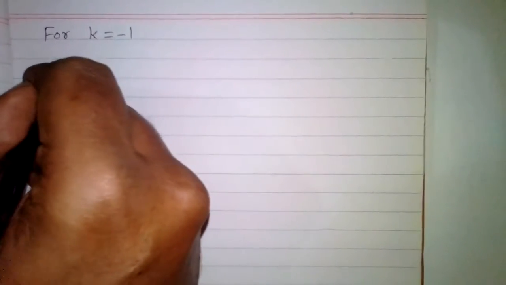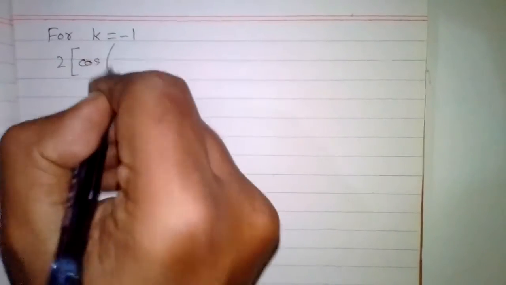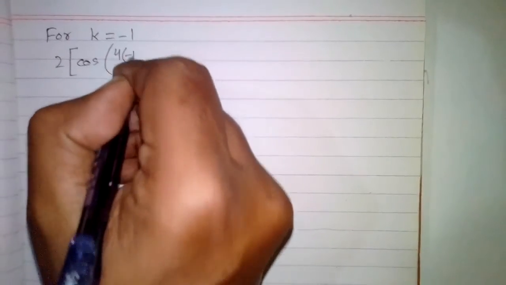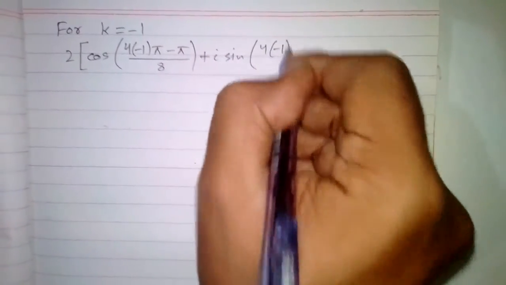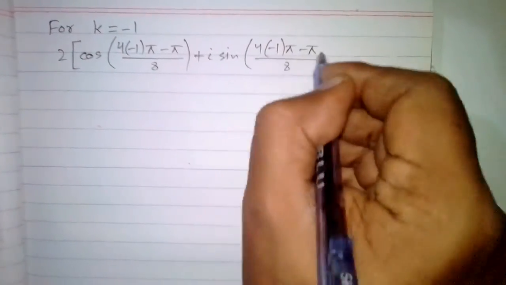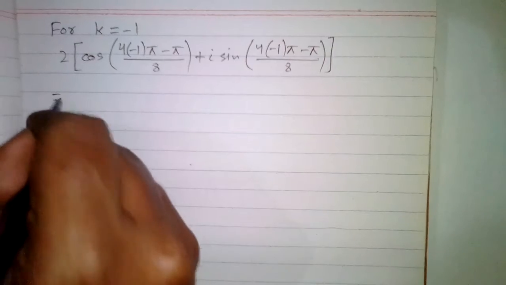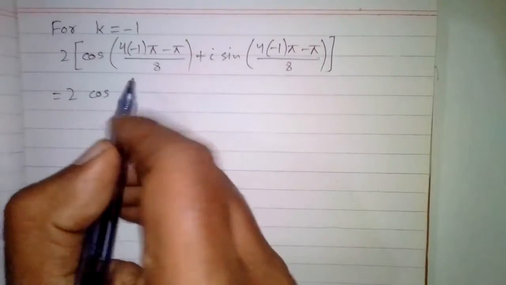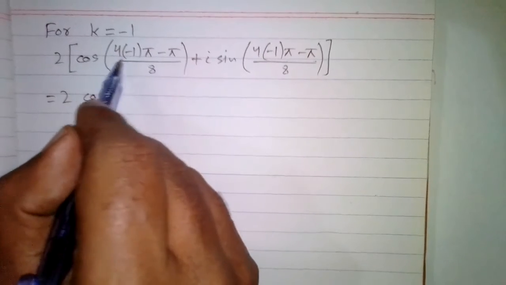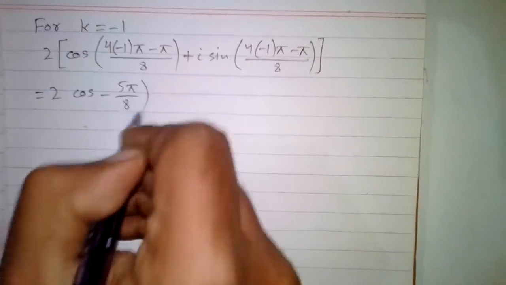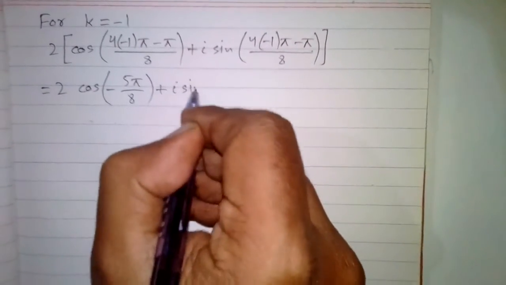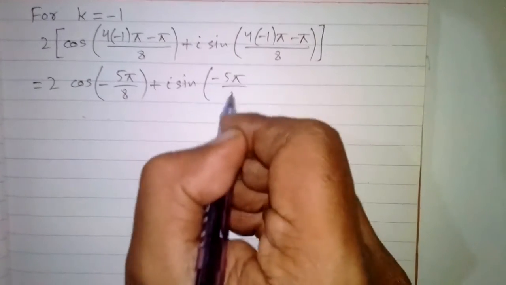So we have twice of cosine of 4 times minus 1 times pi minus pi by 8, plus iota sine of 4 times minus 1 times pi minus pi by 8, and this will be equal to twice of cosine of minus 5 pi by 8 plus iota sine of minus 5 pi by 8.